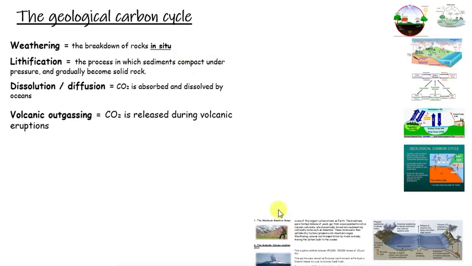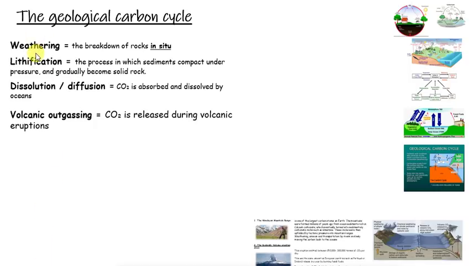Right, so the first sub-cycle is the geological carbon cycle, and a couple of keywords I'm going to talk you through. These are in your booklet, so you don't need to write them down. You can if you like, because some of these keywords are actually processes which are vital in this geological carbon cycle.